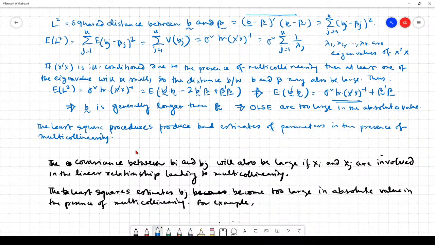This does not imply that the fitted model produces bad predictions also.